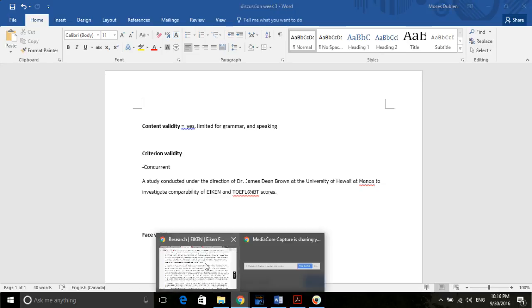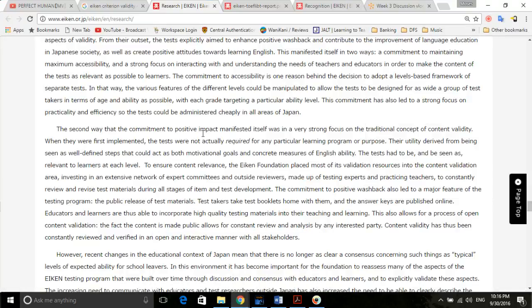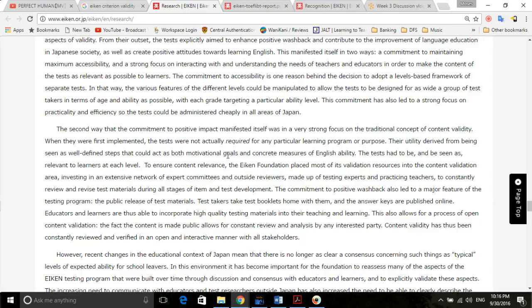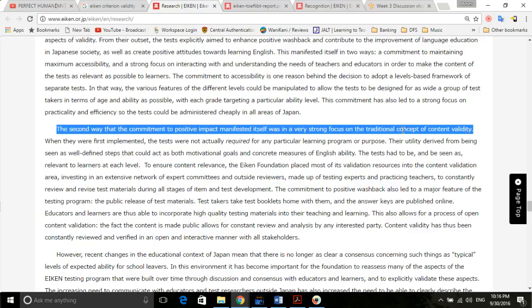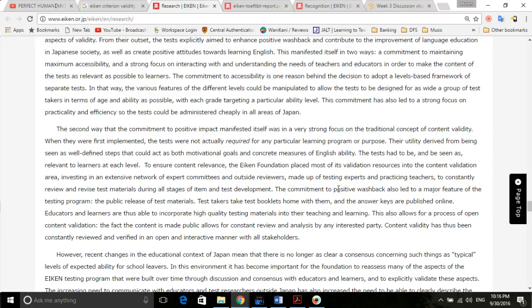So now continuing with content validity, they actually have this paragraph here, so for those of you who like to read it, I'm not going to read the whole thing because it would take too much time, but they talk about the concept of content validity right here. Actually, they have a lot of information on validity and research with the Eiken test.